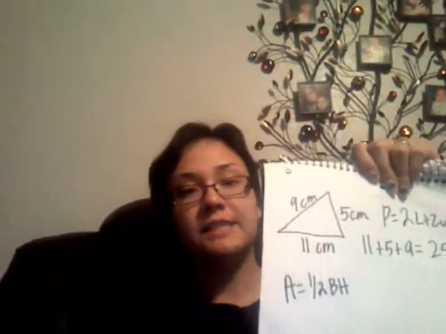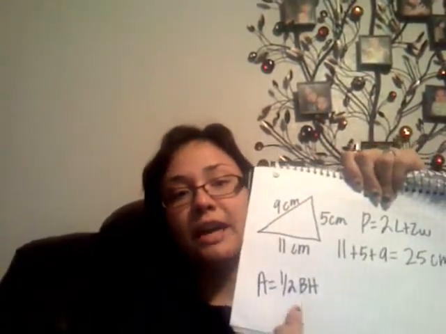If we were going to do area on this triangle, though, the formula does change. It's going to be 1/2 base times the height. So that's going to be your formula for that triangle. So make sure you write that down.